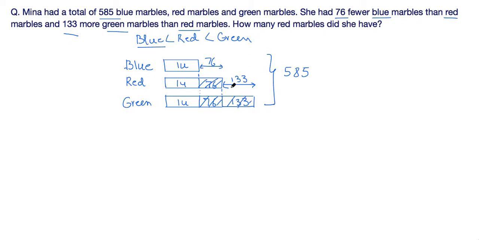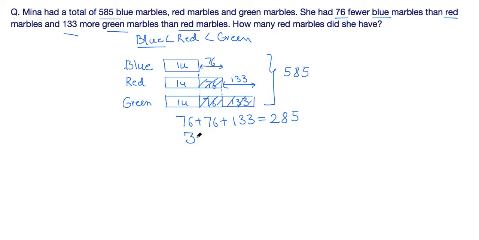So we add these up together and then subtract it from 585 to get 3 units. Let's do that. 76 plus 76 plus 133 is equal to 285. Now if we subtract this 285 from 585, we will get 3 units.